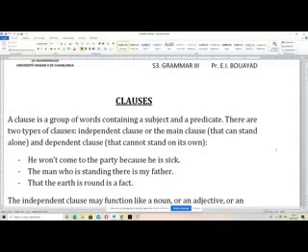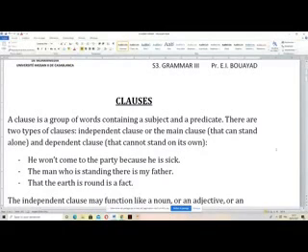So it's the subject of the verb. Since it is the subject of the verb, then it acts like a noun. So we can refer to this, that the earth is round, as a noun clause. Okay, noun clause.